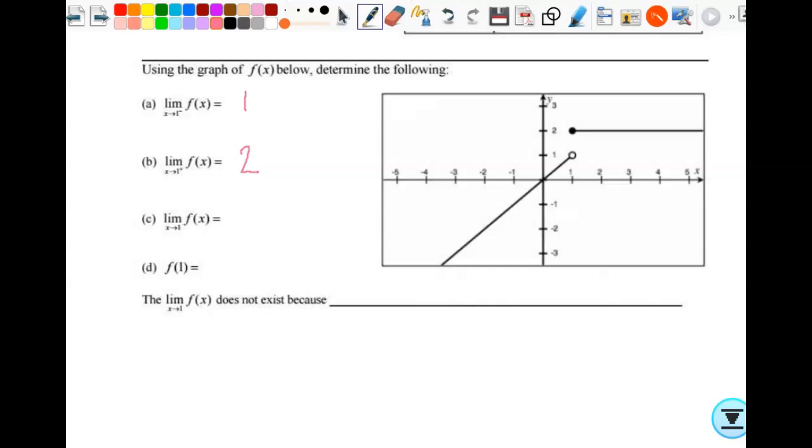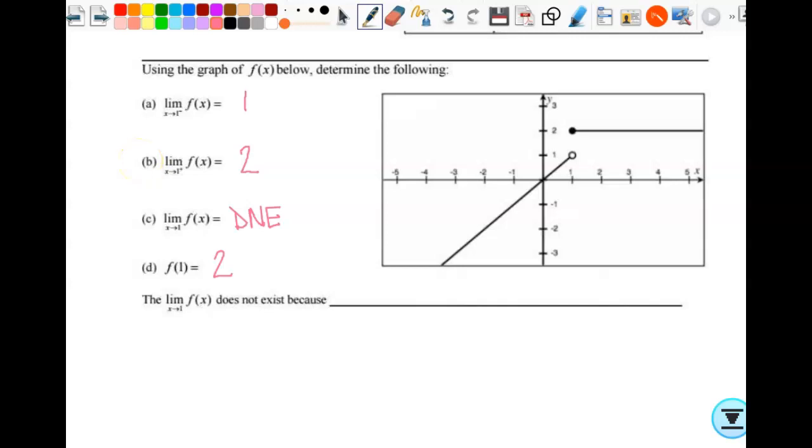No, because these are not the same. Okay? So this does not exist. D and E. If it said explain your reasoning, then you could write this and then the equal sign with the line through it and then this, like they don't equal, and that's why. Okay? What is f of 1? 2. So f of 1 does exist, but the limit does not, and it actually even matches this limit.